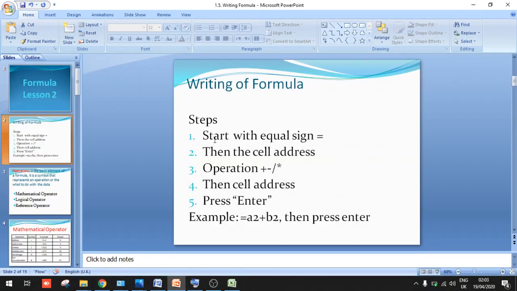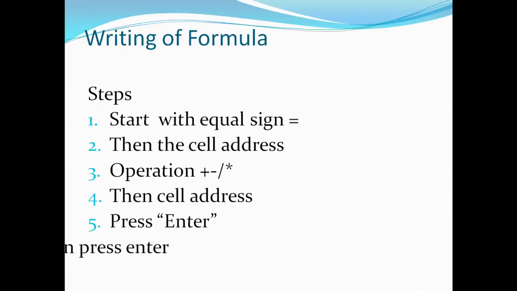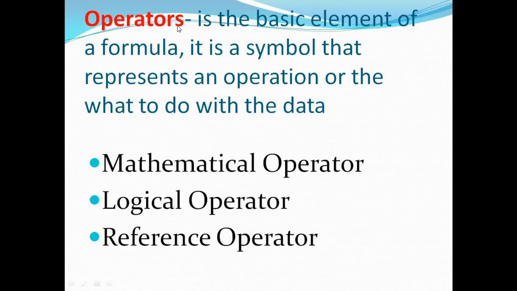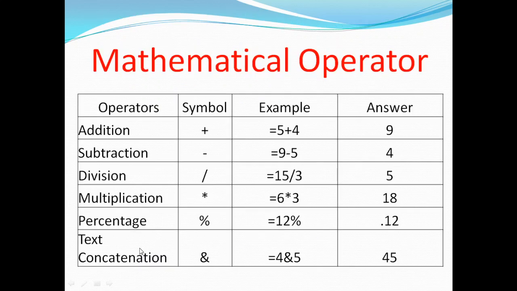And now, what is an operator? An operator is a basic element of a formula. It is a symbol that represents an operation, or what to do with the data. First are mathematical operators, then logical operators, and third is reference. So we will see what the mathematical operators are.